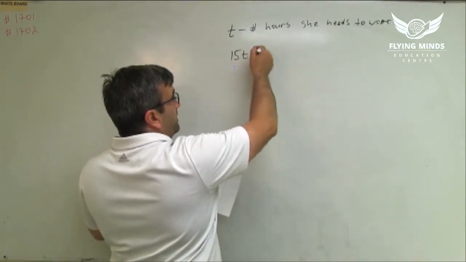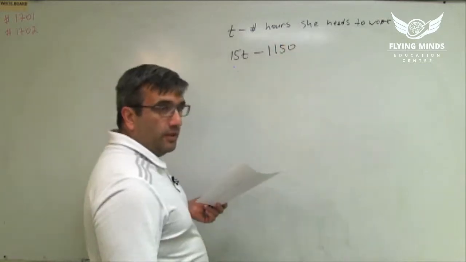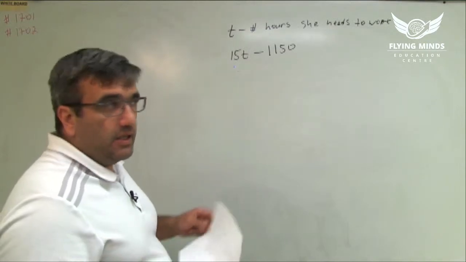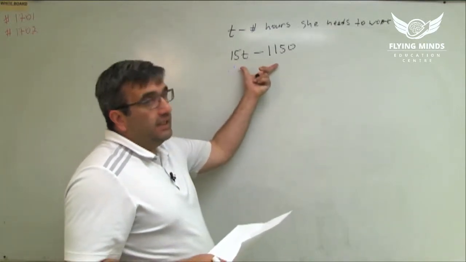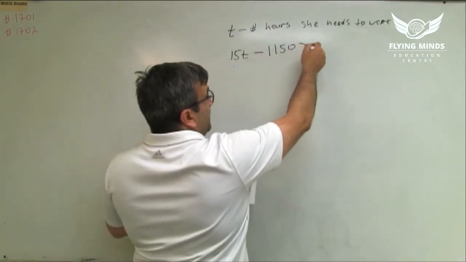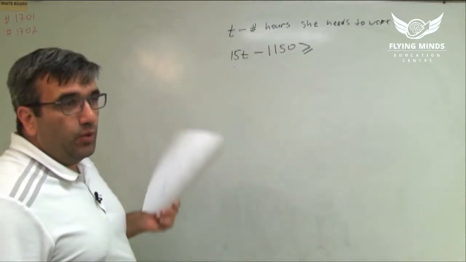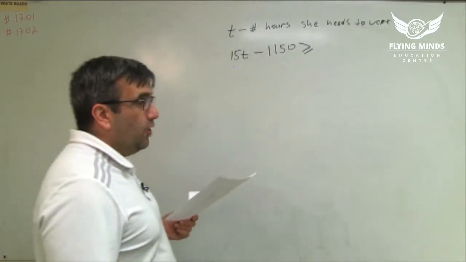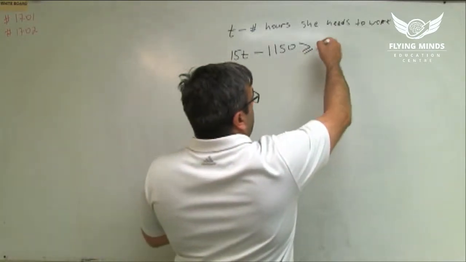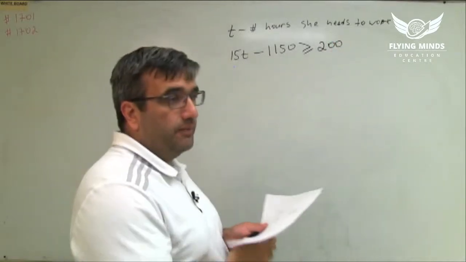So this is earnings minus expenses, and this difference should exceed or be equal, because we ask at least $200, so $200 or more. So it must be greater than or equal to 200.